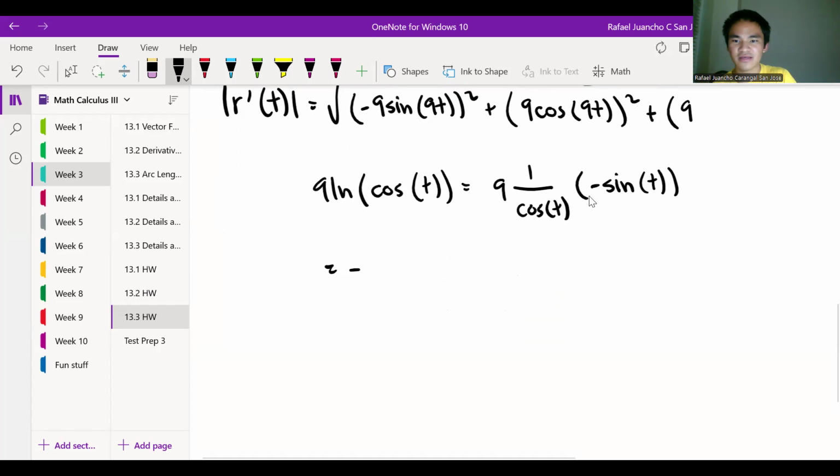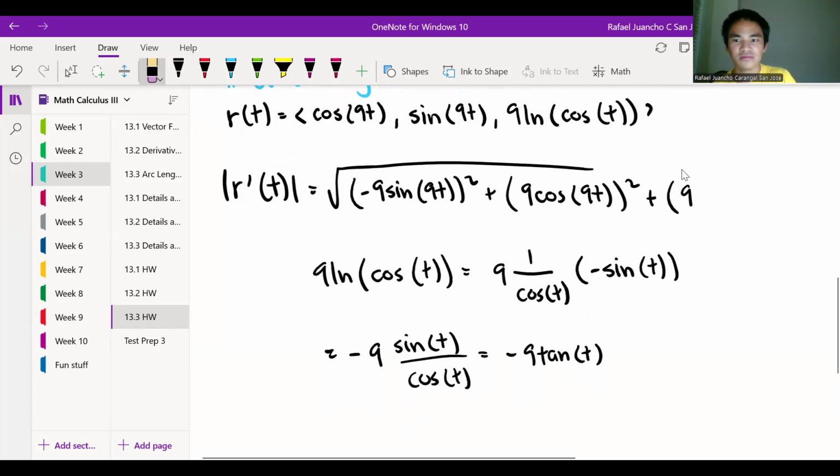Then I have a negative 9 sine of t over cosine of t. Sine over cosine is tangent. Yeah, so I get a negative 9 tangent.